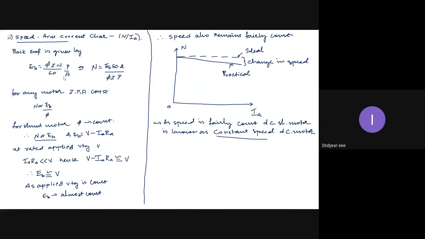Now we'll move to the third characteristic of the DC shunt motor, which is the speed torque characteristic, also known as the mechanical characteristic. The third one, speed torque characteristic.